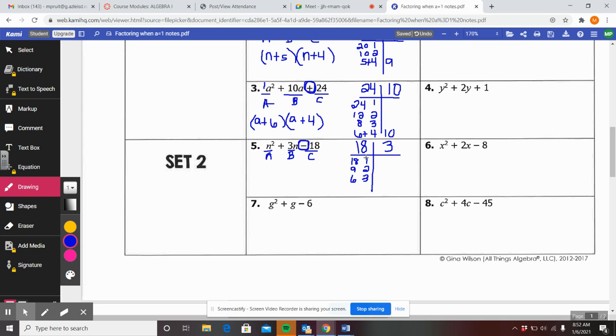So which one subtracted is going to give me 3? 6 minus 3, right? And it's positive 3. So it's 6 minus 3. So then all you do, set up your parentheses, do n plus 6, n minus 3.